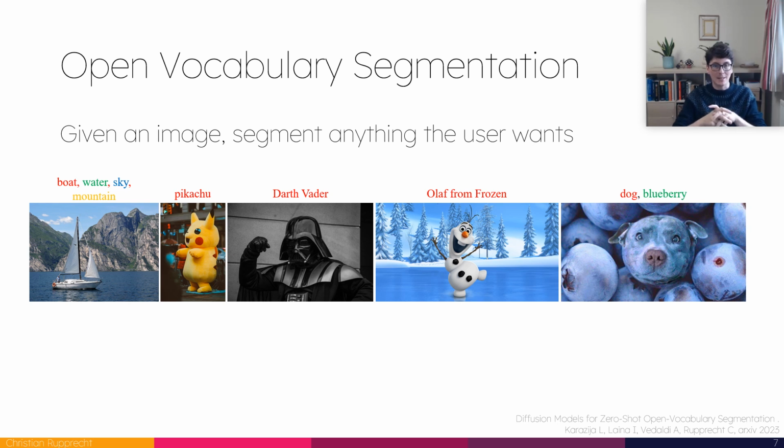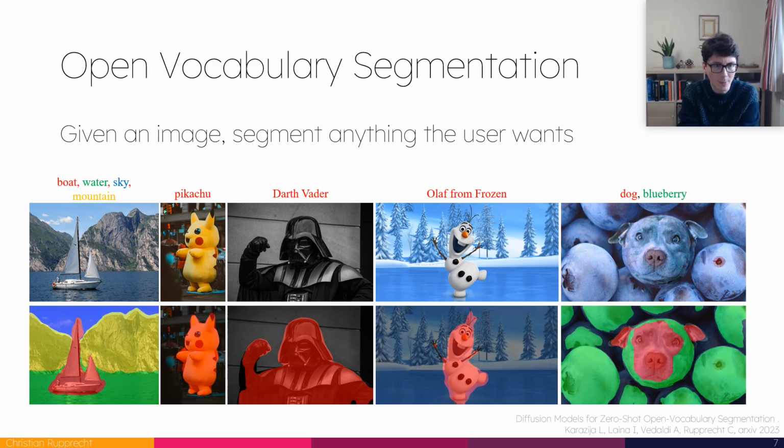You can see in these examples that the things we want to segment are usually not your typical classes from, I don't know, COCO and Pascal VOC and so on, because you have Darth Vader and so forth. So you want a model that basically takes an image and a set of probably unseen classes and outputs a segmentation for each of the classes that it got as input.